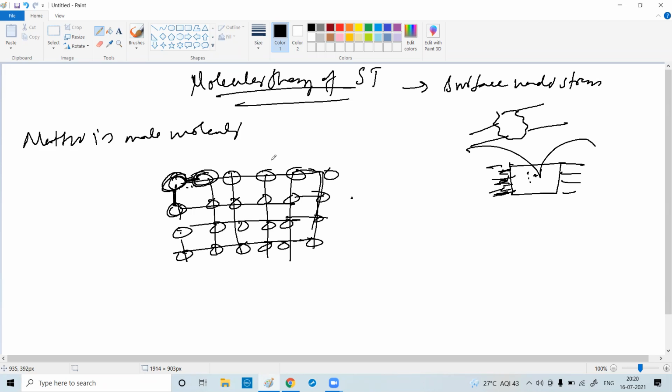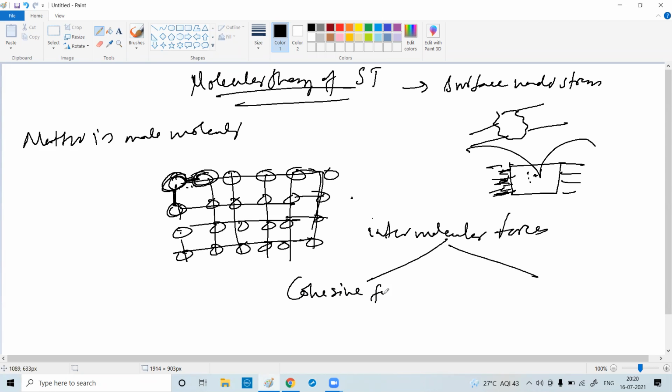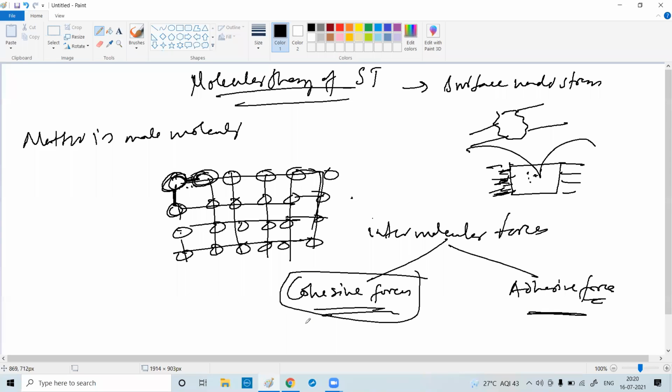But what we are going to study is what these intermolecular forces are. These intermolecular forces are of two types. One is cohesive force and one is adhesive force. Cohesive means same.